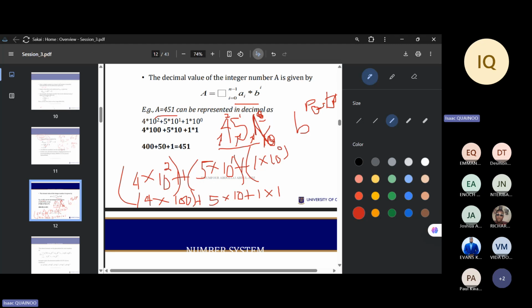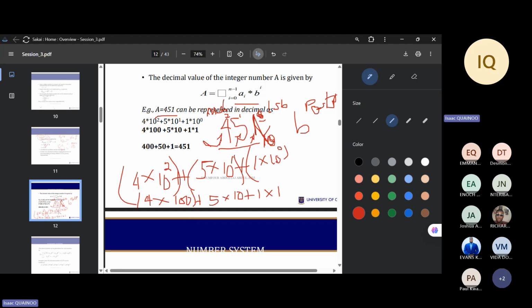And the most significant bit is the number with the biggest weight, which is the leftmost number. So the leftmost number, we call it MSB, which is most significant bit. And then the rightmost number, we call it LSB, which is the least significant bit in this particular number system.